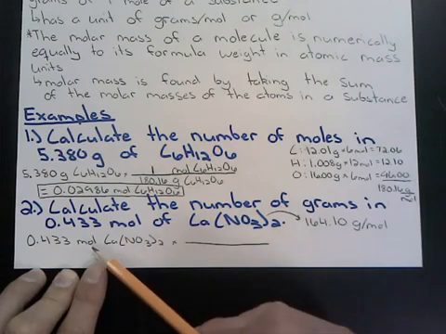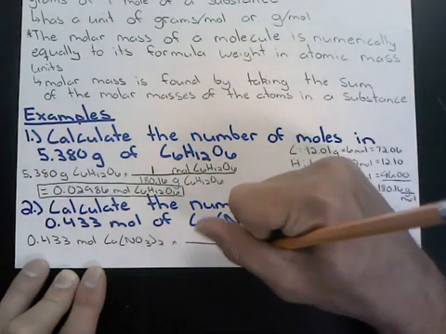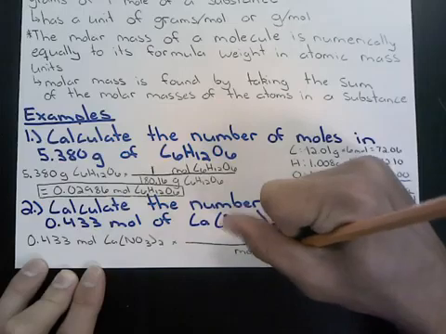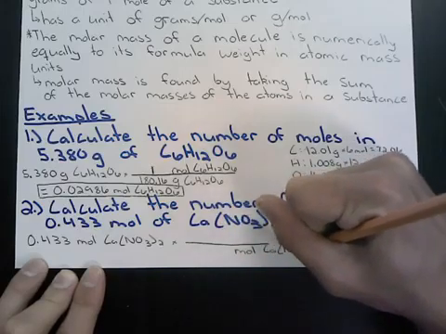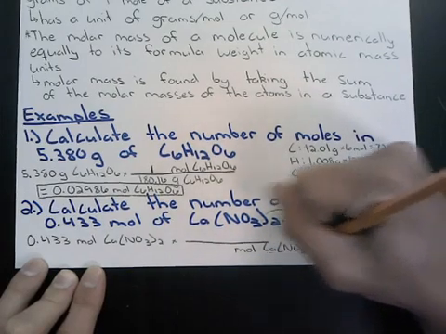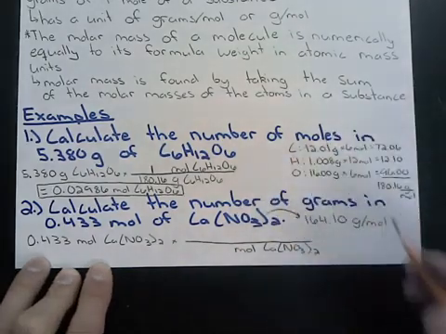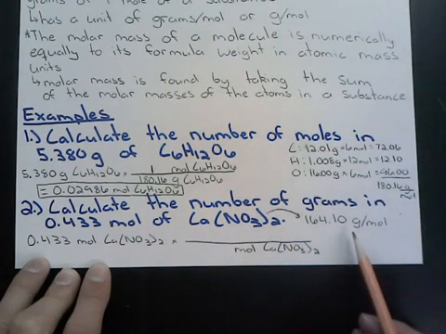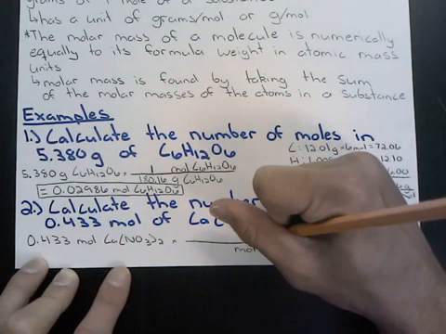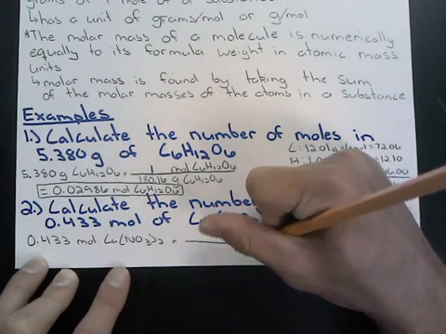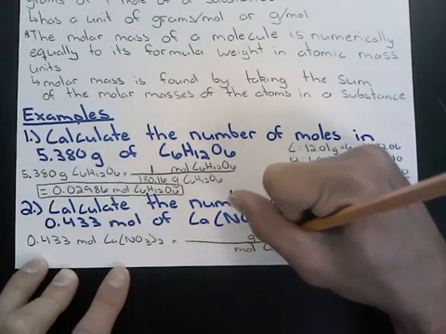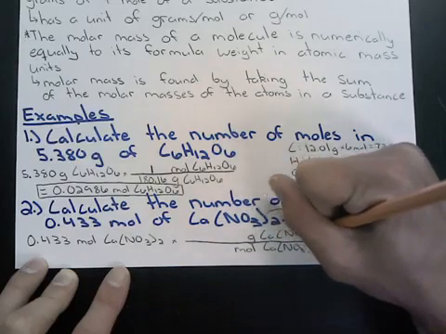Because we have moles here, we want to have moles down below. So we have calcium nitrate down below, and on top we can go straight from moles to grams, and we're trying to get to grams, so let's put grams of calcium nitrate.